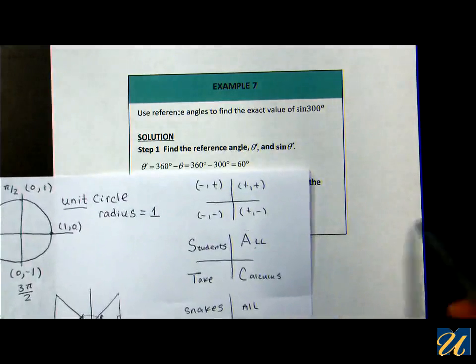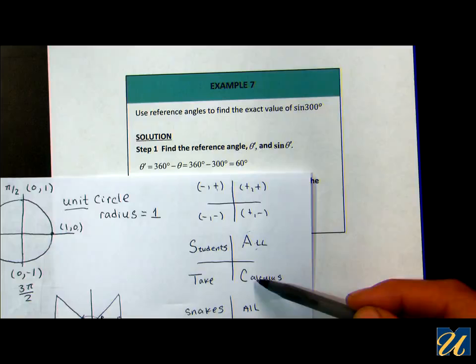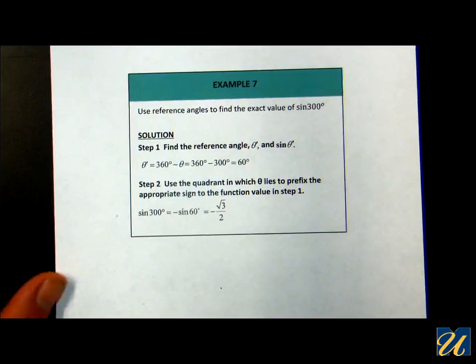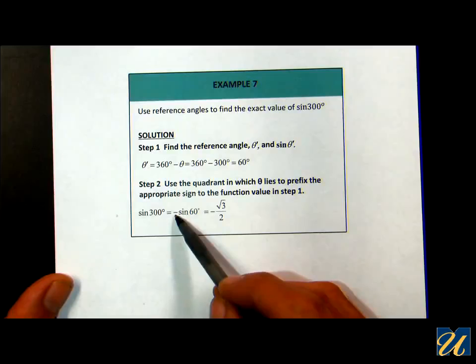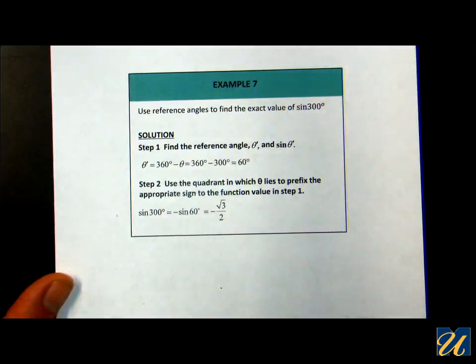In the fourth quadrant, only the C function is positive, cosine and its reciprocal. The sine is the y-coordinate, which is negative in quadrant 4. So we have to adjust with a plus or minus, in this case a minus sign on the value, because of the quadrant that we're in.